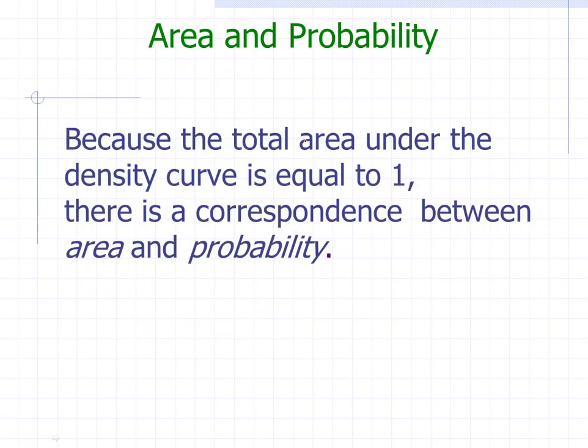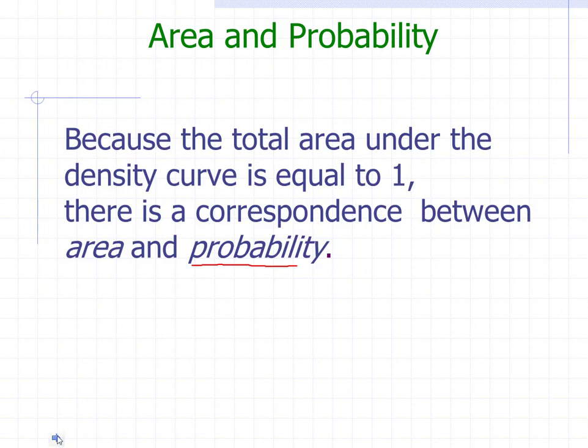Since the area is equal to 1, that corresponds to 100%. That is, something in that distribution is going to happen. Remember, the probability that something is going to happen is 1. The sum of all the possible outcomes adds up to 1.